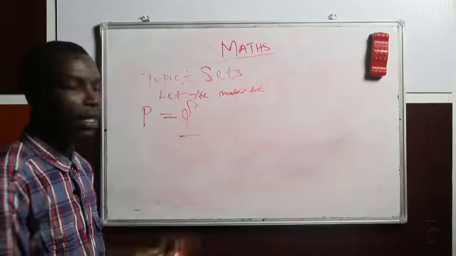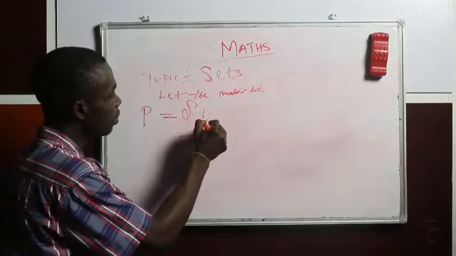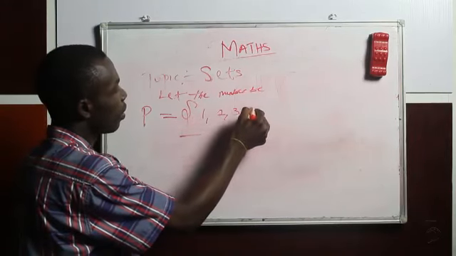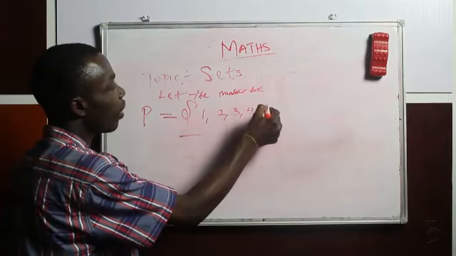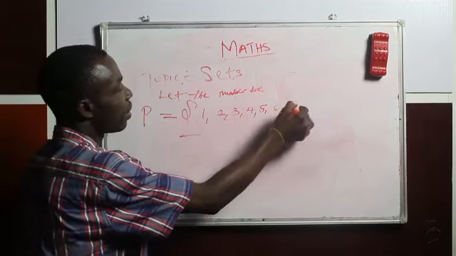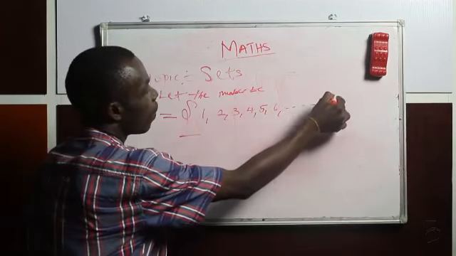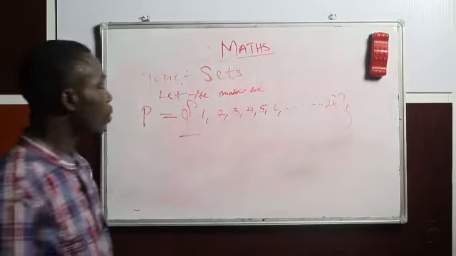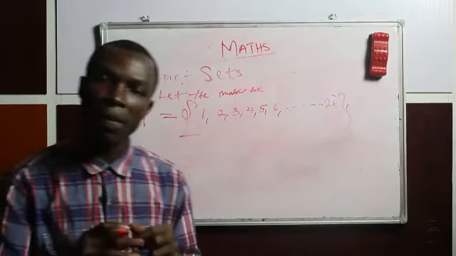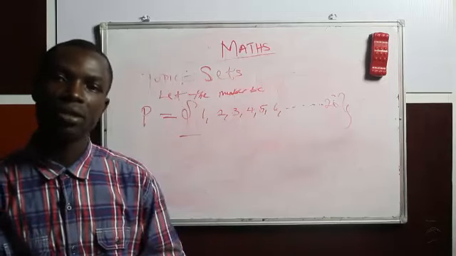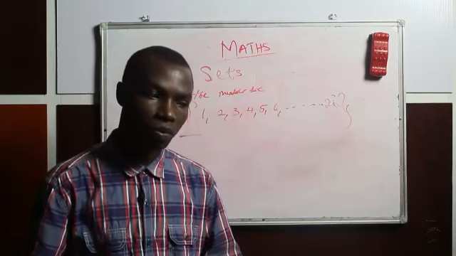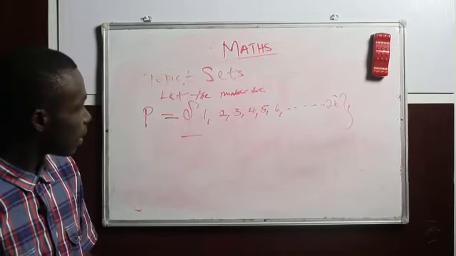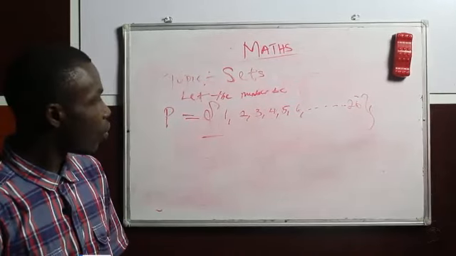That is the numbers between 1, 2, 3, 4, 5, 6, up to 20. So P represents the numbers from 1 to 20. That's the solution to consider the numbers between 1 to 20.